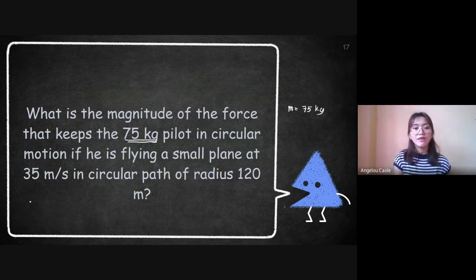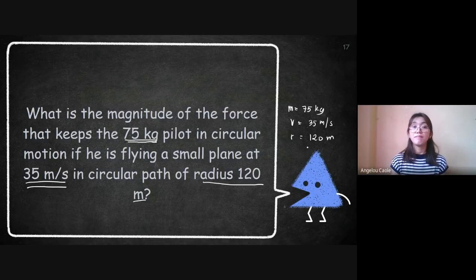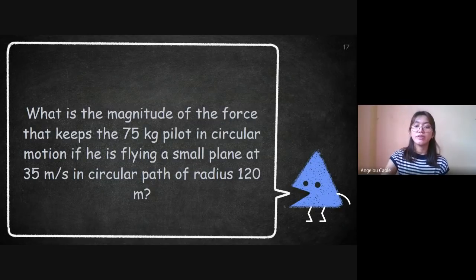We also have meters per second, that is velocity, 35 meters per second, and radius, okay, r is equal to 120 meters. And we are looking for the force or the centripetal force.